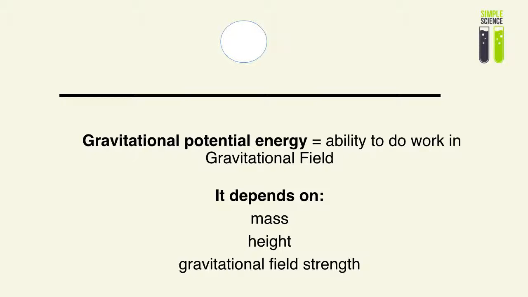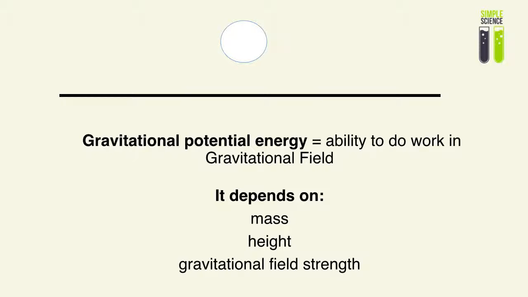The higher you are above the center of mass of an object that you are considering as your gravitational field producer, then you're going to have a greater amount of gravitational potential energy, because you're going to be able to harness that position to be able to do work in that field.